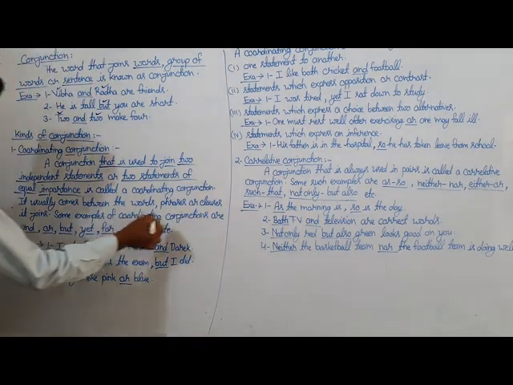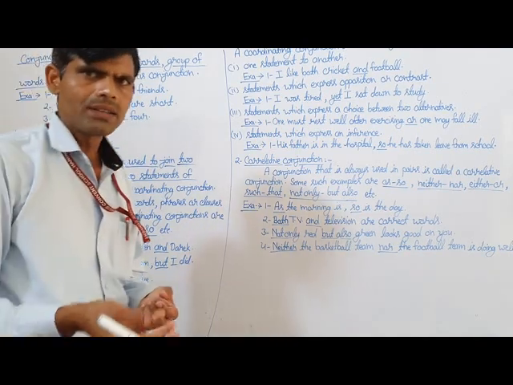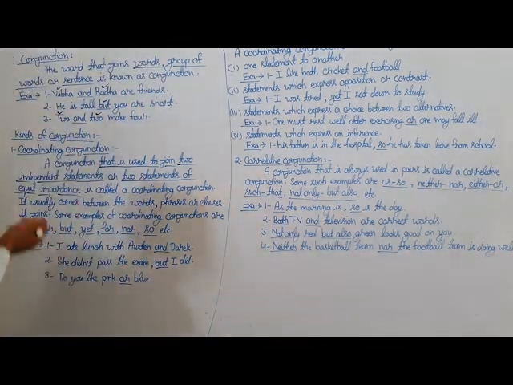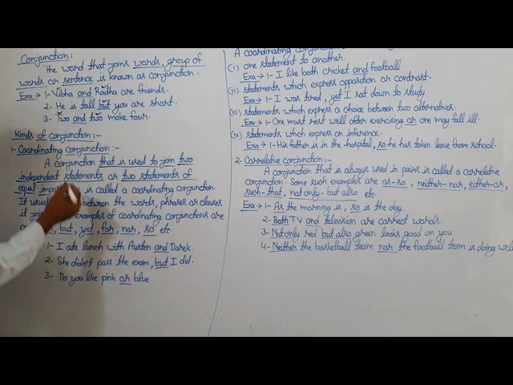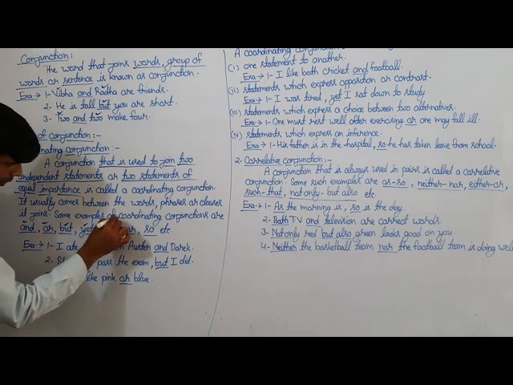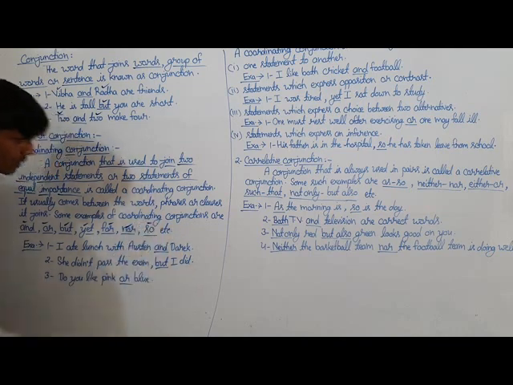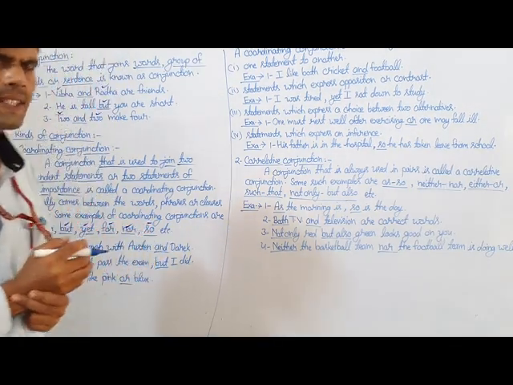Some examples of coordinating conjunctions are: and, or, but, yet, for, nor, so. These are some examples of coordinating conjunctions.